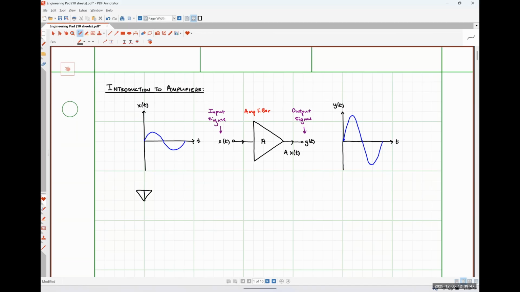So that's what this symbol right here is. And I will annotate this as well in a moment. And the signal from our antenna gets fed into a radio frequency filter. So this is the block diagram symbol for our filter. That signal is going to be fed into an amplifier.